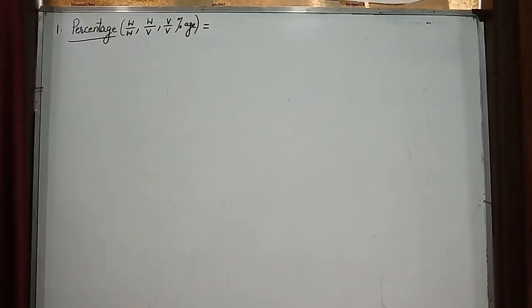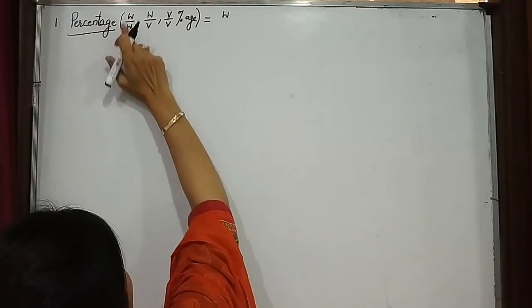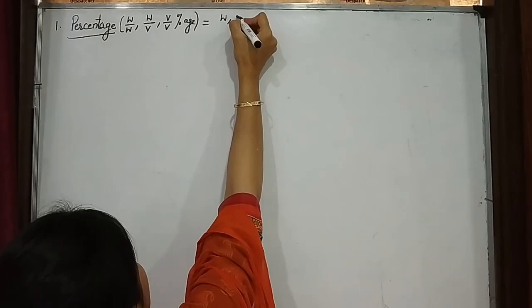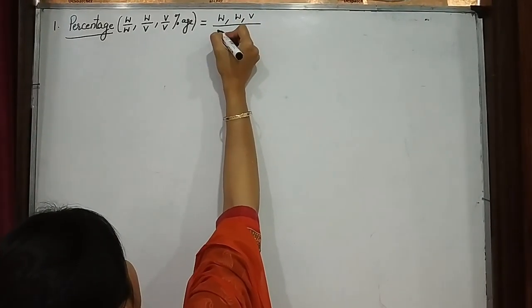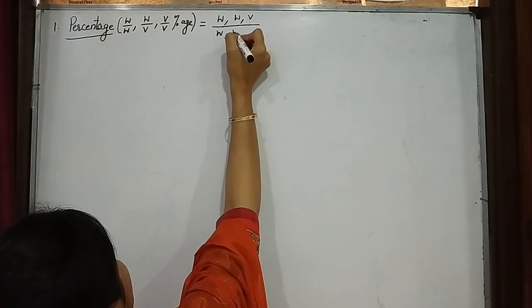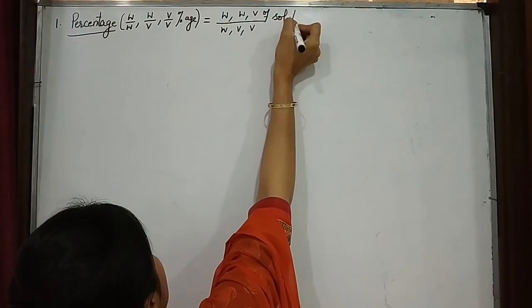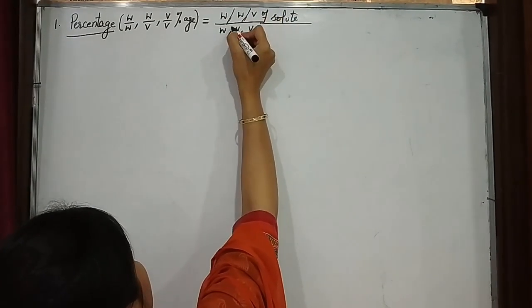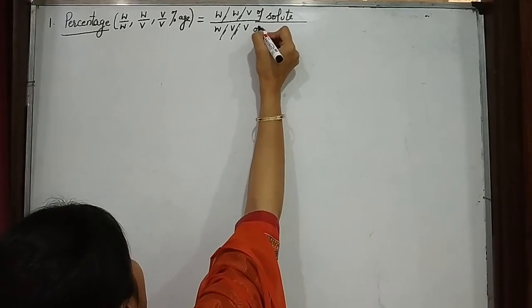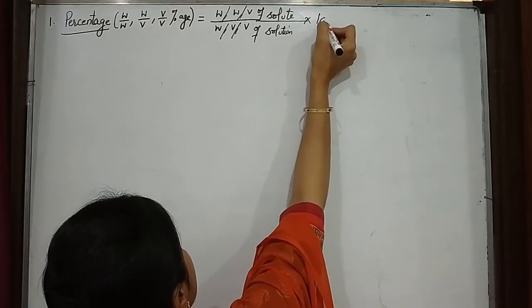If you see their formula, then what is the formula? If it is mass by mass, W V upon W V of solute of solution into 100.